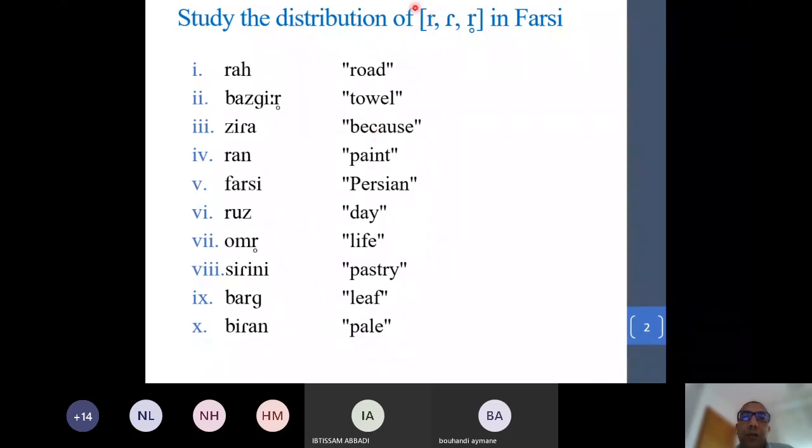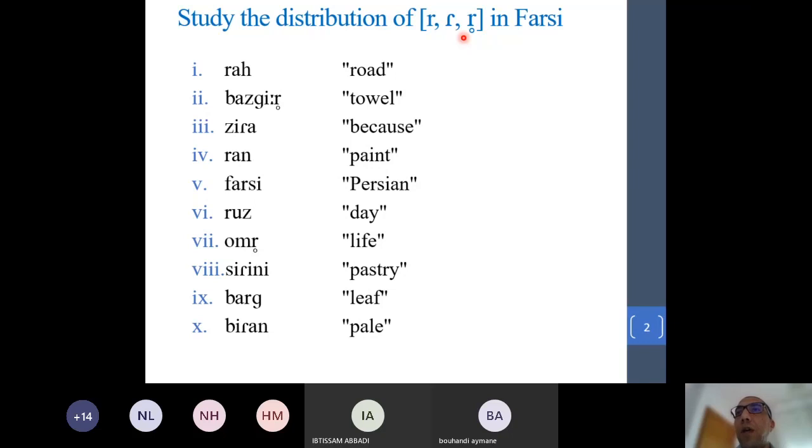We are asked to study the distribution of three rhotic sounds in Farsi: the voiced trill, the voiced tap, and the devoiced trill. The question is to study the distribution and to determine whether the sounds are allophones of the same phoneme or separate phonemes.